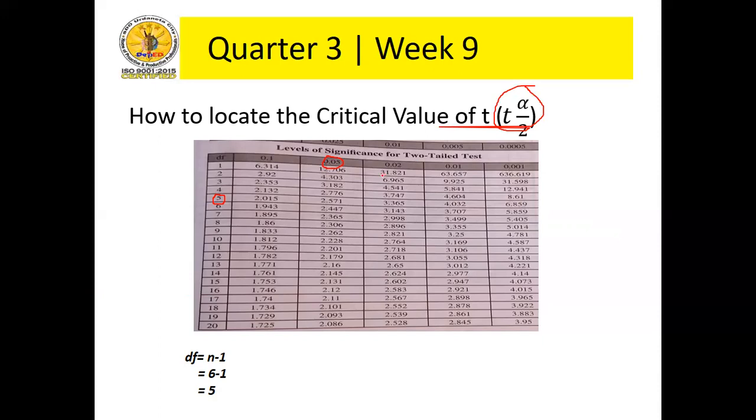Now, the interval between 0.05 and 5 gives us 2.571. Therefore, the critical value at n equal to 6 is 2.571. So let us continue.